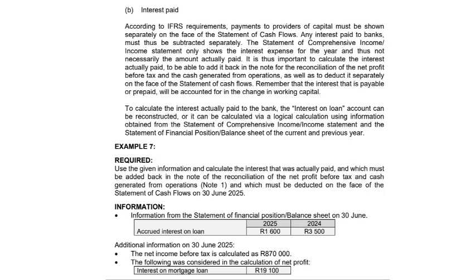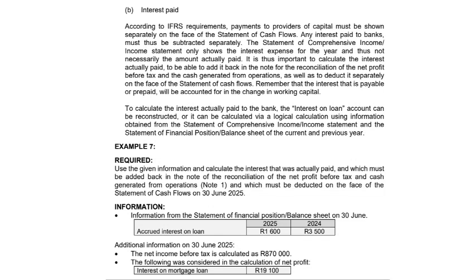Remember that the interest that is payable or prepaid will be accounted for in the change in working capital. To calculate the interest actually paid to the bank, the interest on loan accounts can be reconstructed, or it can be calculated via logical calculation using information obtained from the statement of comprehensive income or income statement and the statement of financial position or balance sheet on the current and previous year.